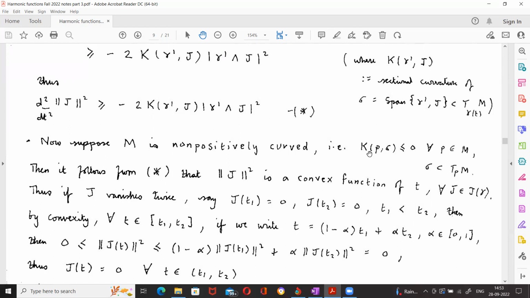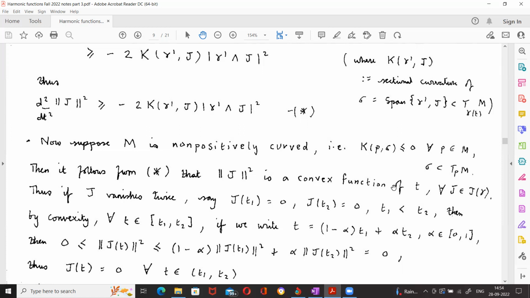That means that the sectional curvature is less than or equal to 0 for all points p and for all 2-dimensional subspaces sigma in T_pM. Then this K will be less than or equal to 0. Therefore, this second derivative of norm J squared will be greater than or equal to 0, right? Therefore, that means that norm J squared is a convex function of t.